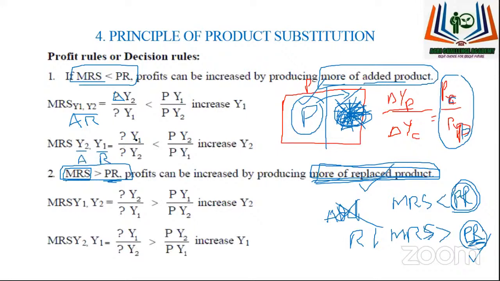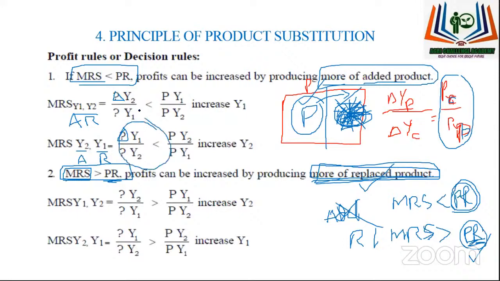So it is change in y1 by change in y2. Remember, sometimes the direct bit is given as marginal rate of substitution of y2 for y1. The answer is change in y1 by change in y2, not simple y1 by y2. Remember, change is compulsory, must.